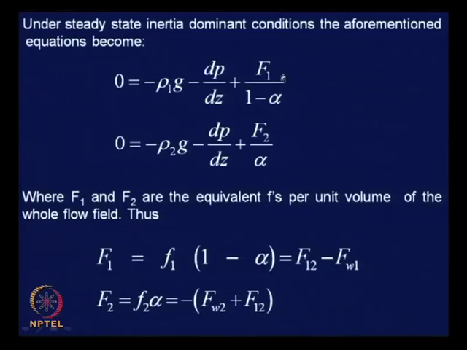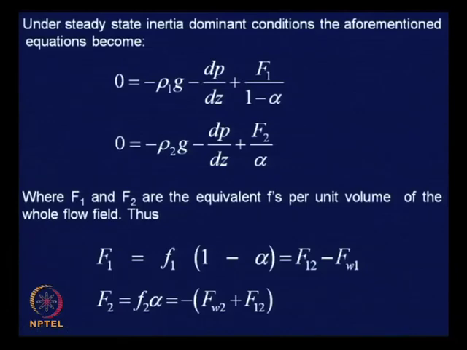First we had written it down for steady state inertia dominant conditions. Then in F1, F2 we had FW1 and FW2 and F12. Note there was no term considering F22 here, but if we have particle-particle interaction, there should have been 1 plus F22 in this particular case.